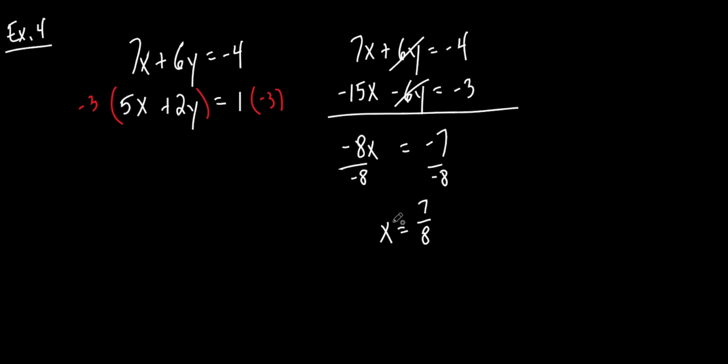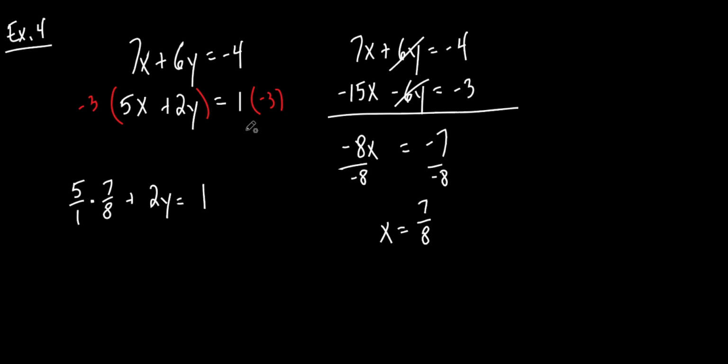All right, so let's plug this in. So, again, this is going to be a little ugly. We're going to have to deal with fractions, but, you know, sometimes life is like that. So here we go. 5 times, I'll put it over 1 because I'm multiplying it by a fraction, which is 7/8, plus 2y equals 1, right?